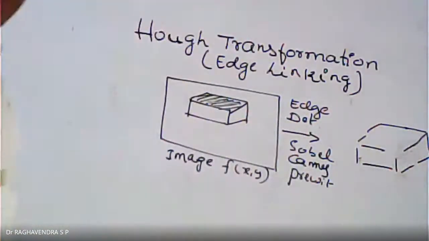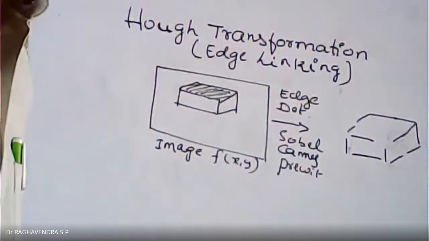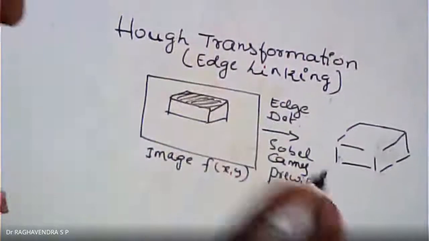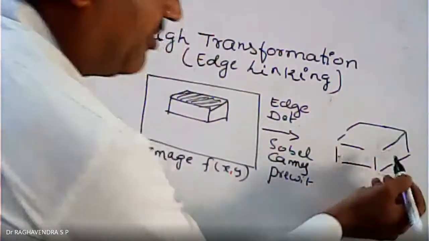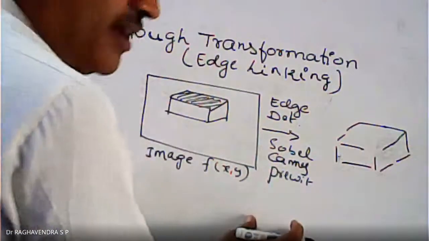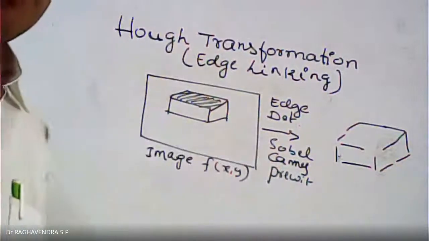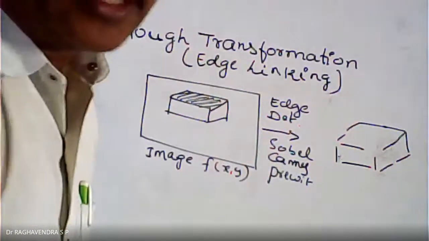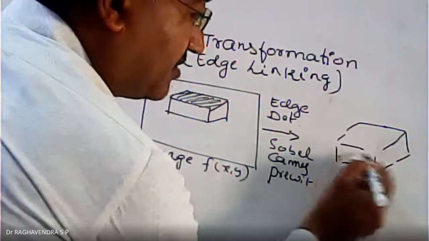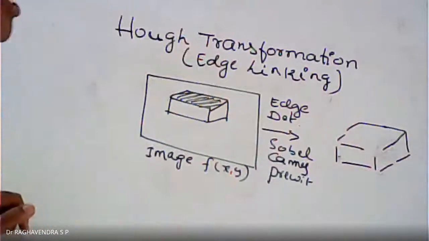So you may be getting an output like this. This may be your output transformation. In this particular output, you can notice that there may be some discontinuities, some breakups. These breakups are common when you apply masks like the Sobel filter or Canny filters. In order to fill up these gaps, because they are straight lines, this is called edge linking.